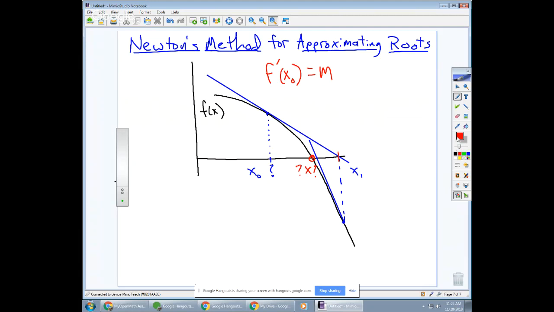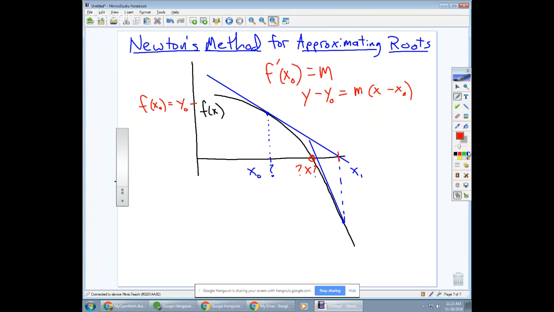Then to find the equation of a tangent line, we have our lovely equation y minus y0 is equal to m times x minus x0. Usually we put y1 and x1, but it doesn't matter too much. So would you agree there's some y0 that lives over here? Yeah, and I find that by plugging my x value into my function.